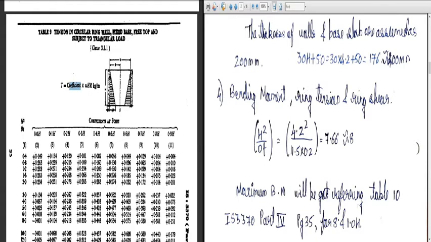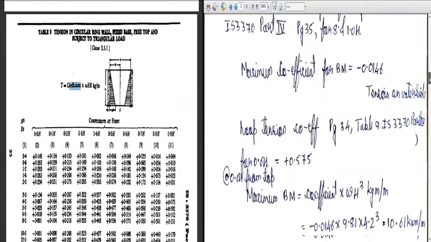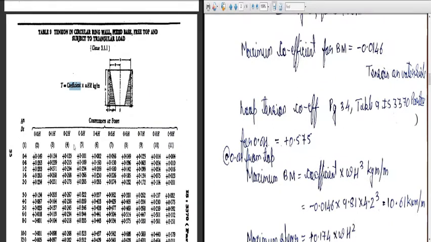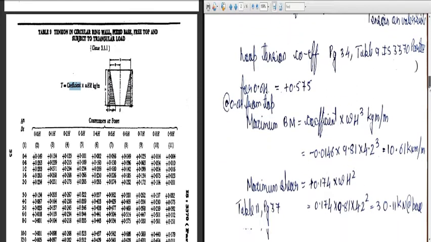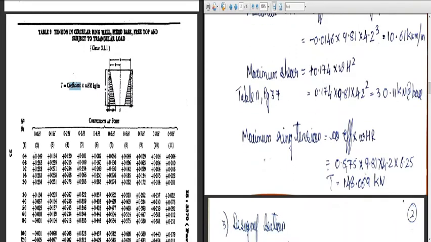So you can see the calculation here. Computing the ring tension, we got plus 0.575 into 9.81 into 4.2 into 6.25. So T tension is working out to be 148.069.